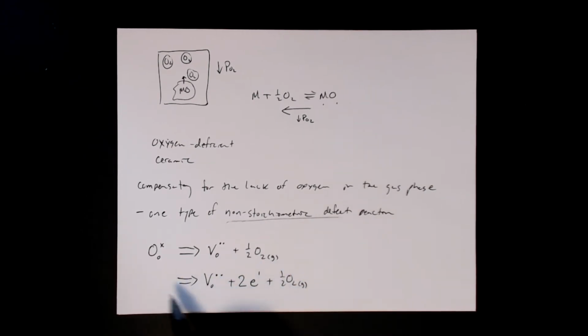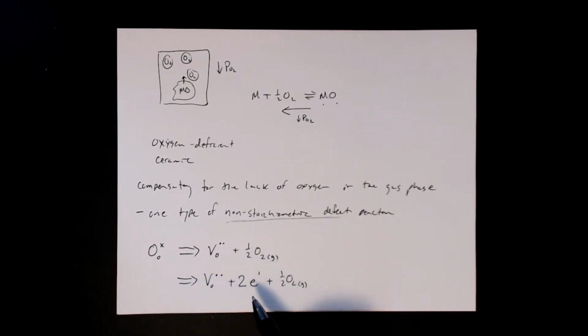You can see in actual metal oxides that have this type of reaction, in this scenario where it's oxygen deficient, that these become conductive. And it can be shown through experiments that it becomes conductive, and that's why we can write the reaction as it is here. So this is what might happen in the low partial pressure of oxygen.